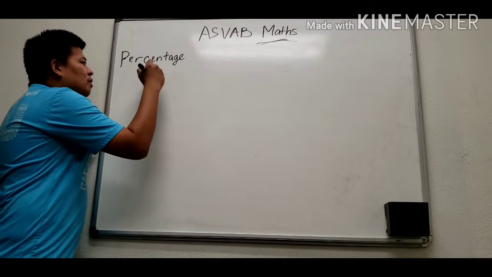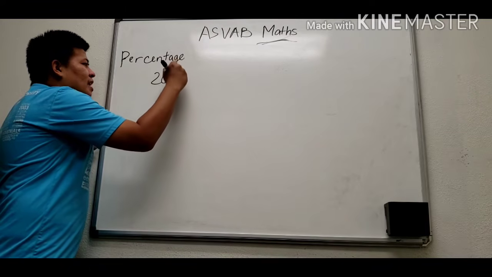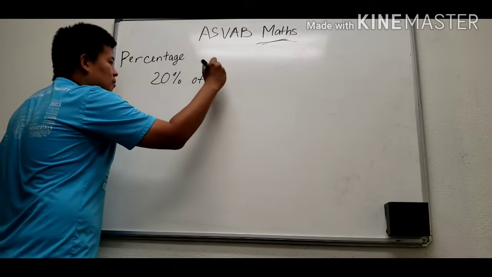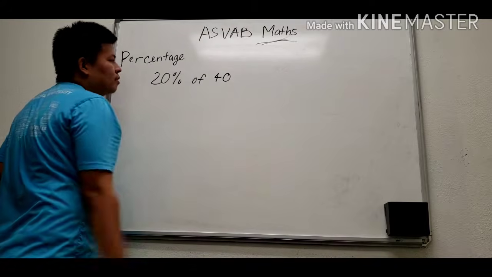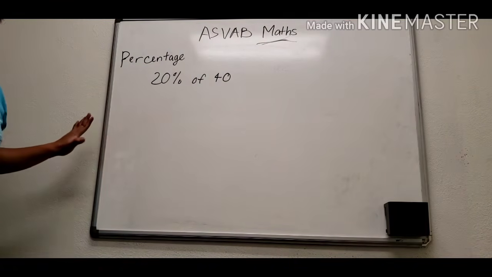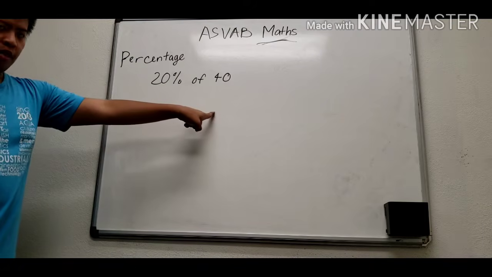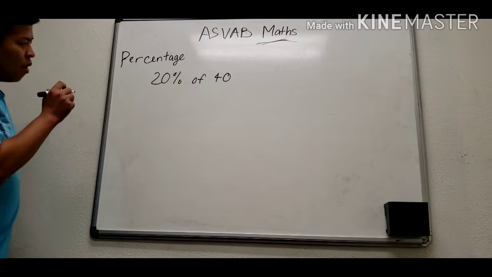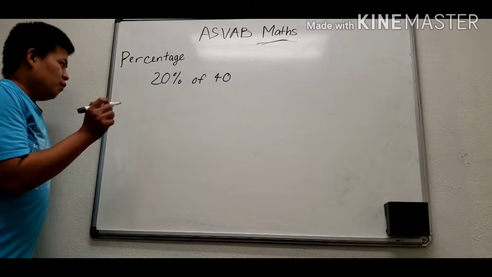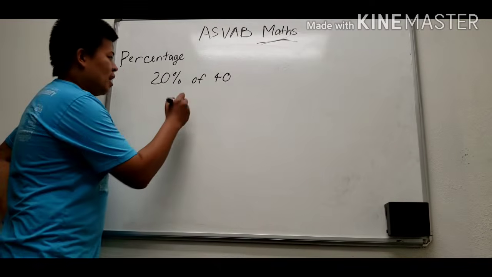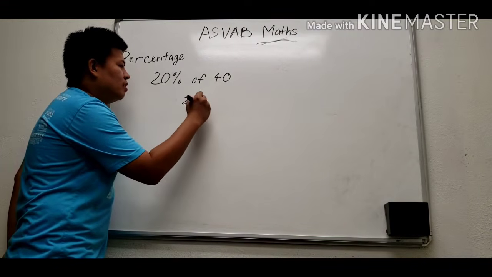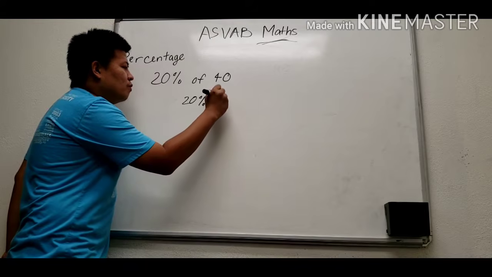For example, 20% of 40. This one will be on the test, and we need to learn how to do it. We have 20% of 40. This means they are asking about 20% multiplied by 40.